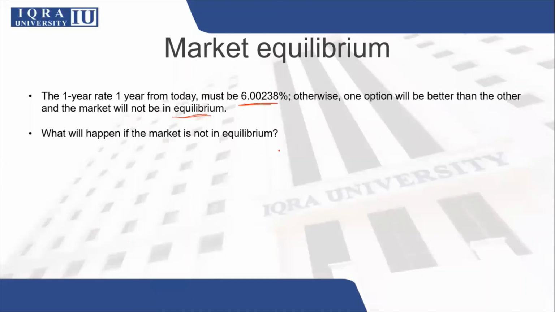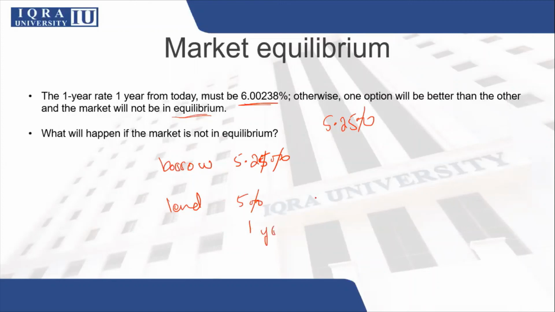For example, assume that the 2-year bond now actually yields 5.25%. So the investors can now make an arbitrage strategy from this, which is basically riskless profit. What they can do is that they can borrow at the lower 5.25% rate, and they can lend money at first the 5% rate for 1 year, and then the proceeds at the 6.00238% rate for another 1 year.